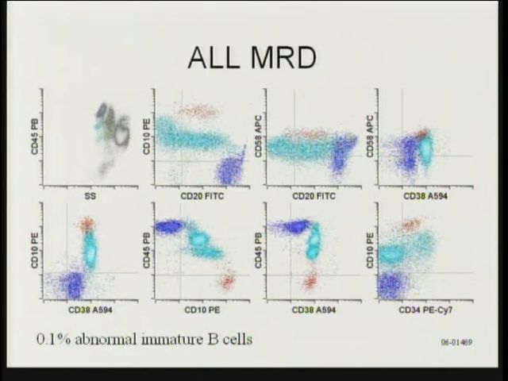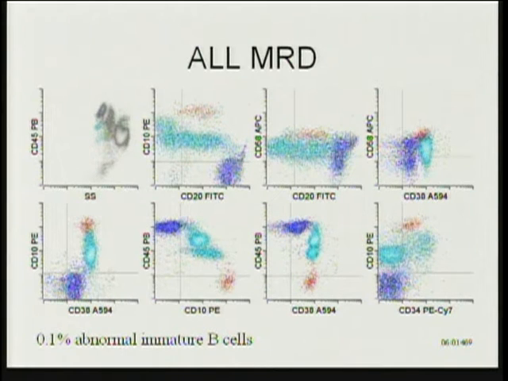This is just an example taken from our laboratory showing a person who was treated for acute lymphoblastic leukemia and who has residual disease. The residual population is colored red, and the normal immature B-cell population, whose phenotype is somewhat similar, is colored in light blue.